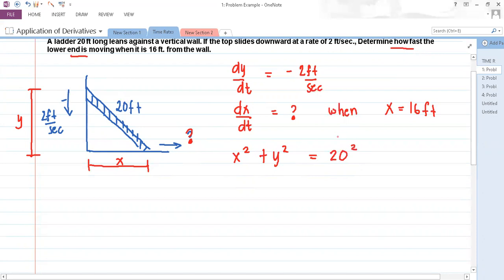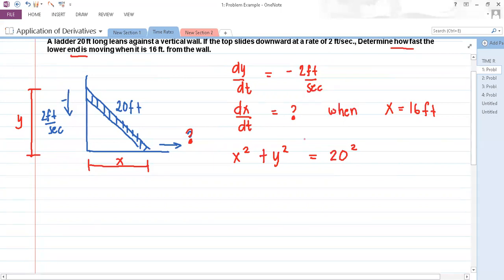So ito yung makikreate nating equation given the conditions in our problem. Ito yung i-differentiate natin. So kunin natin yung derivative with respect to time.